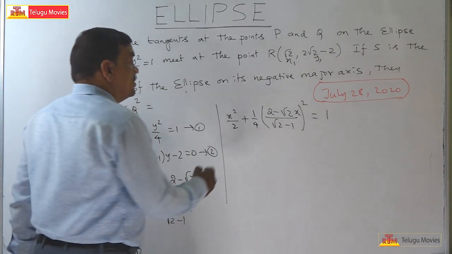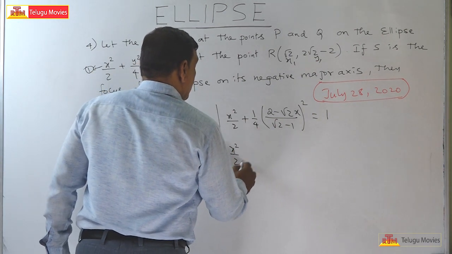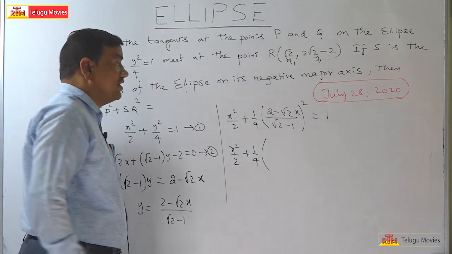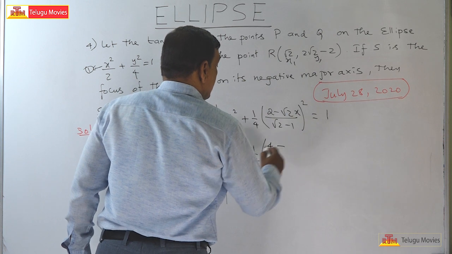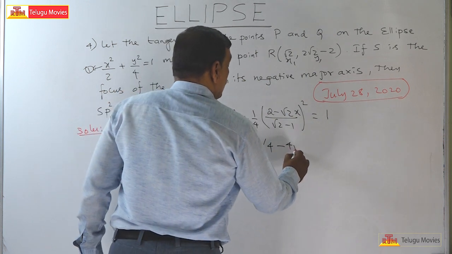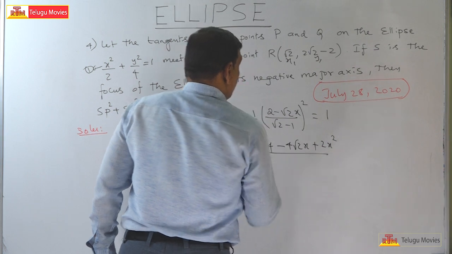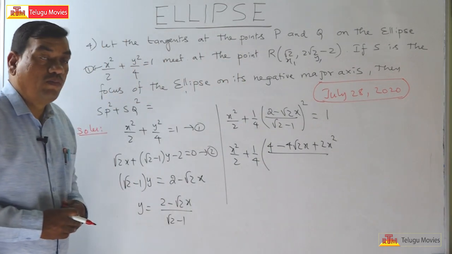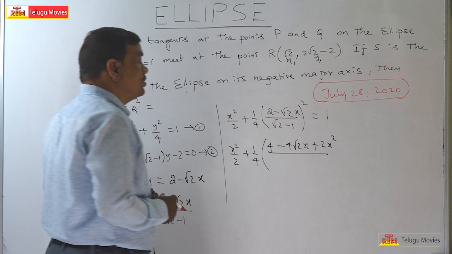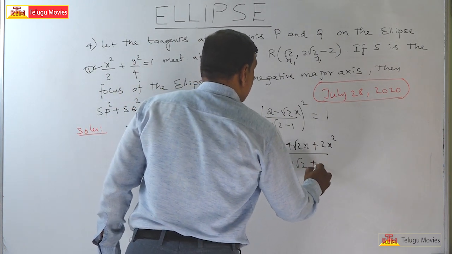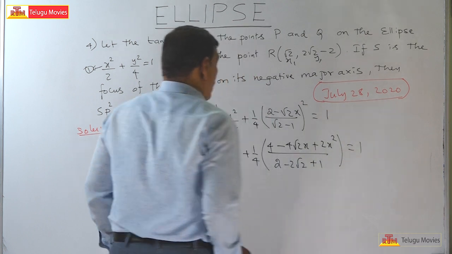Let us solve it. This is x square by 2 plus 1 by 4 times (a minus b) whole square. (a minus b) whole square means a square minus 4 root 2x plus b square, divided by (root 2 minus 1) whole square. Root 2 minus 1 whole square means 2 minus 2 root 2 plus 1, and this is equal to 1.